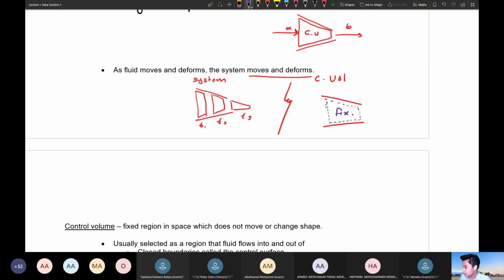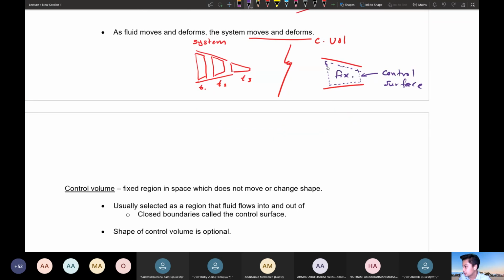Alright, here we call it the control surface, closing the boundary here. You can see the dotted line. We can say it is a control surface.